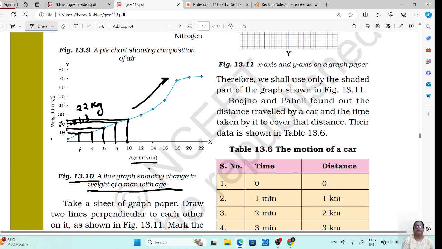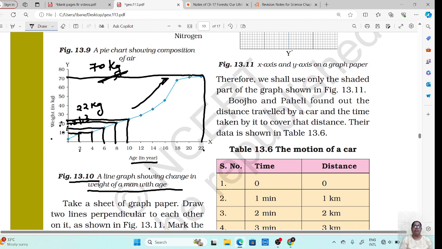And at the age of 22, his weight was maximum, that is 70 kgs, at the age of 22.